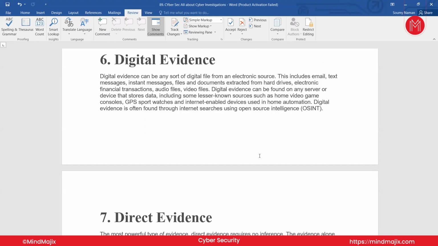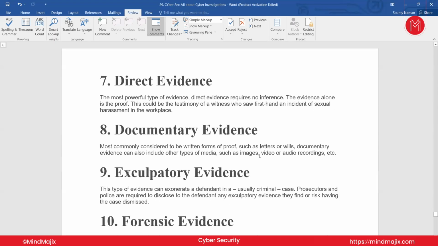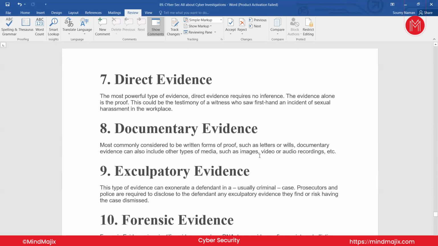This can be found on any server or device that stores data, including some lesser known sources such as home video game consoles, GPS sport watches, and internet enabled devices that are used in home automation. In most cases, digital evidence is often found through internet searches using open source intelligence, or OSINT, that we have learned so far in the early phases of our course.